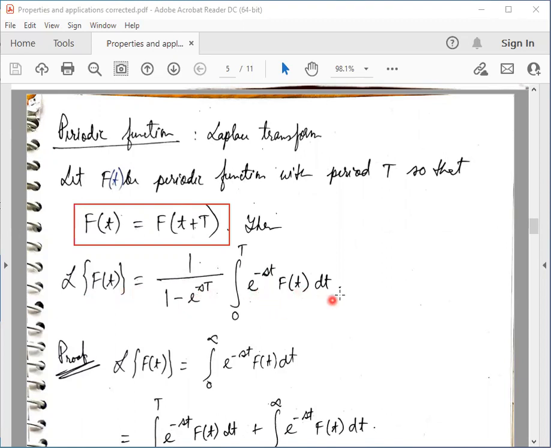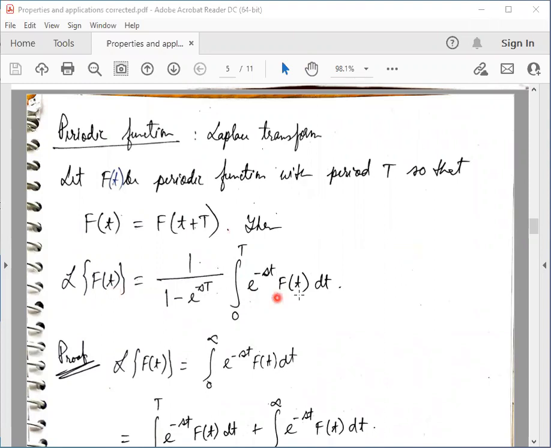Here, this integrand is the same as the integrand we use in Laplace transform. The only difference is in the limit. The limit goes from 0 to the period capital T, whereas in Laplace transform, it goes from 0 to infinity. Here, you should note that the upper limit is the period T, and the lower limit is 0. That's the only difference.